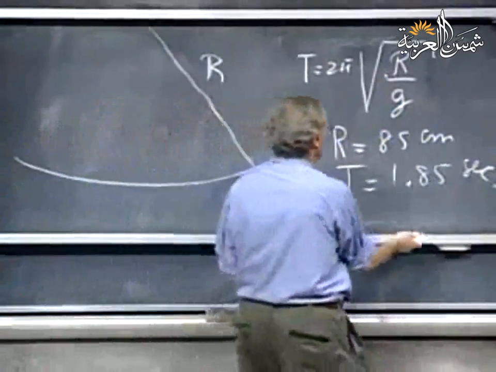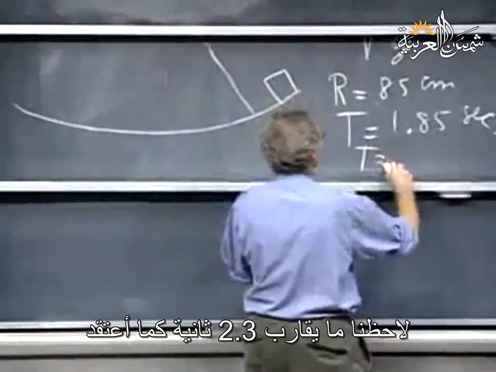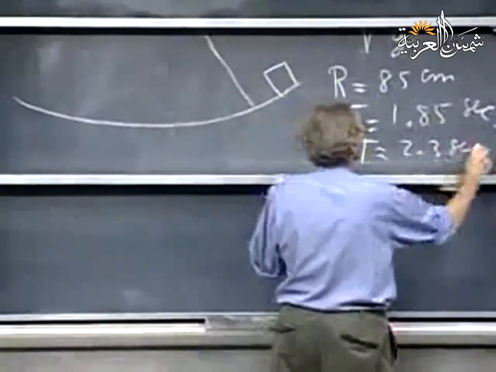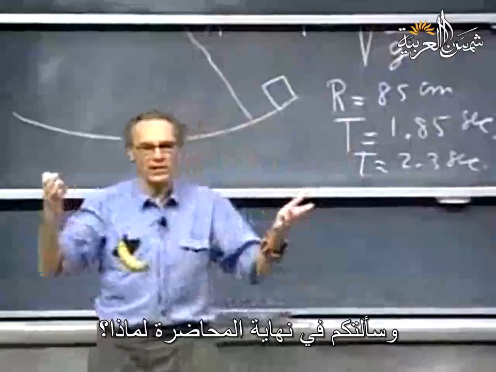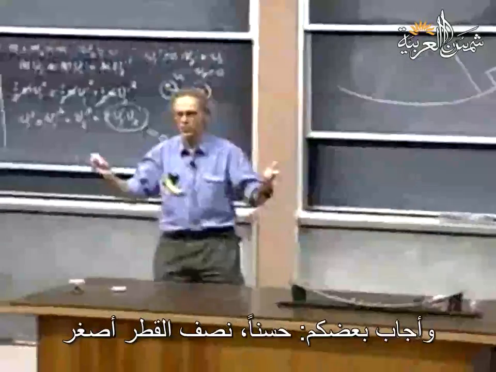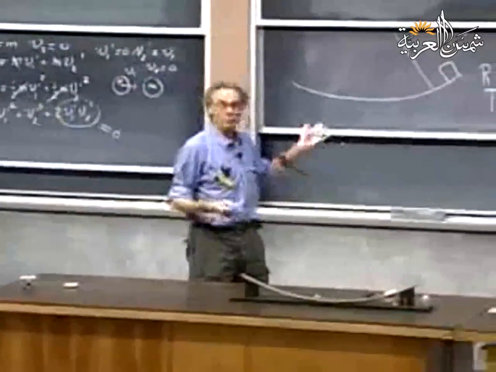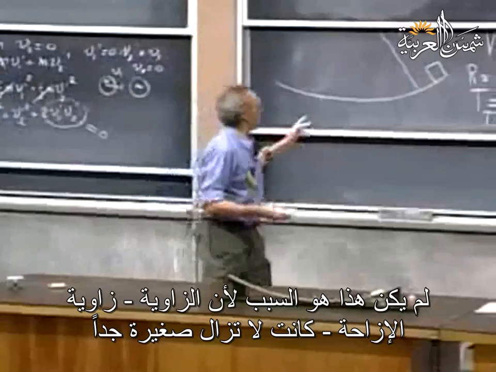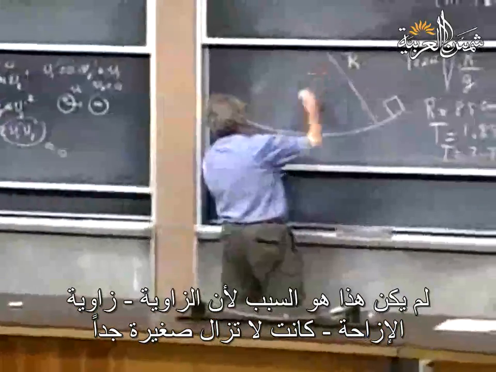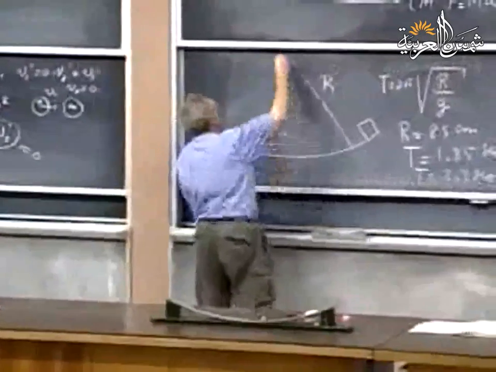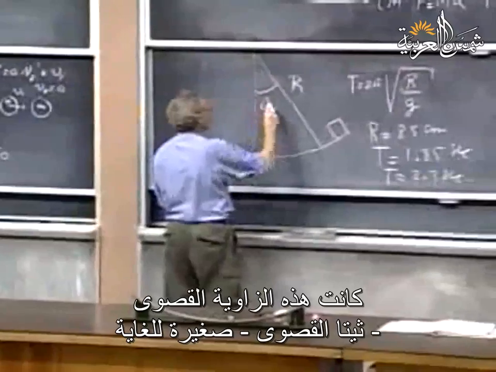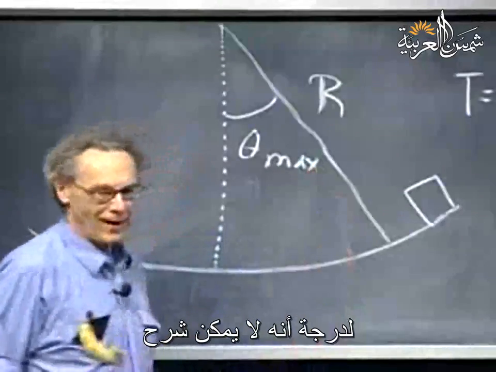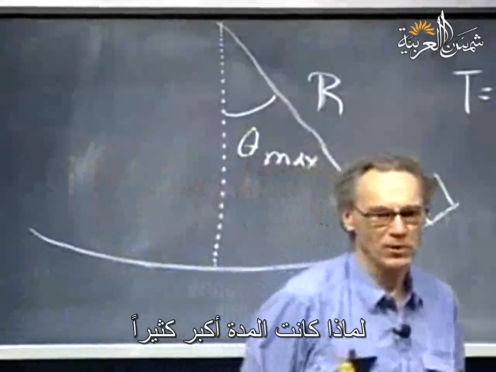Way higher. We observed something like, I think, 2.3 seconds. And I asked you at the end of the lecture, why? And some of you said, well, the radius is smaller. That was no reason. Because the displacement angle was still very small. This maximum angle, theta maximum, was so small that that could never explain why the period was so much larger.